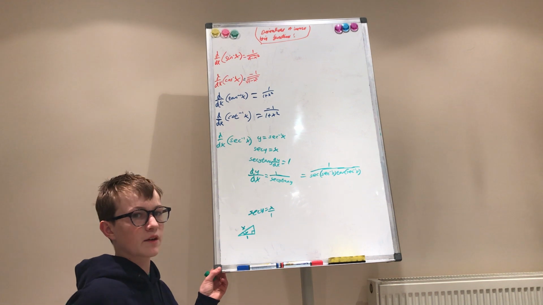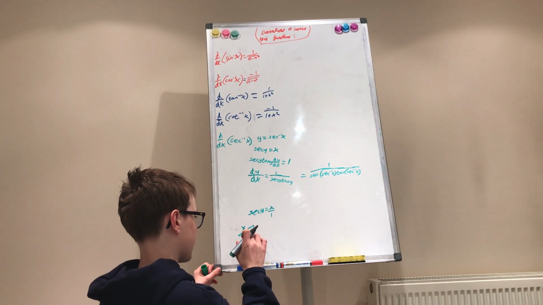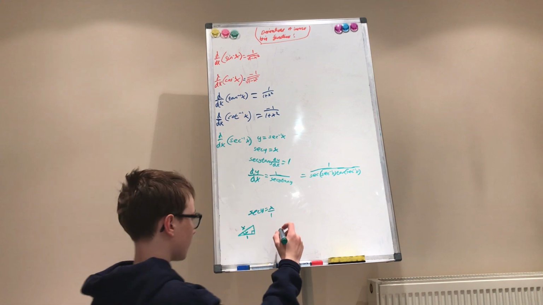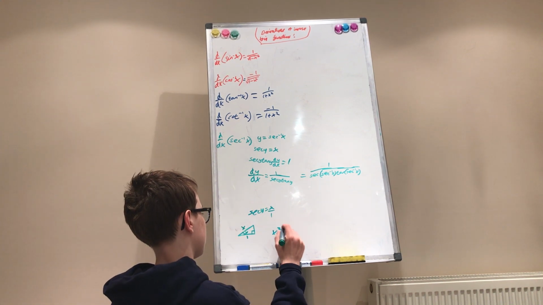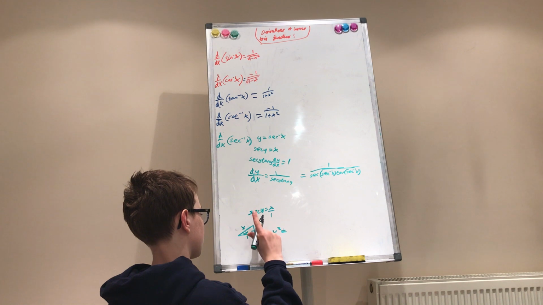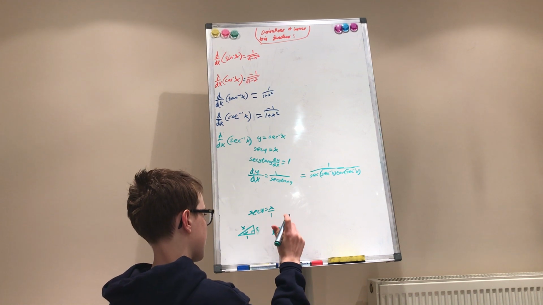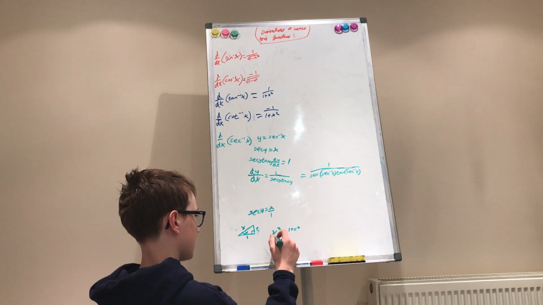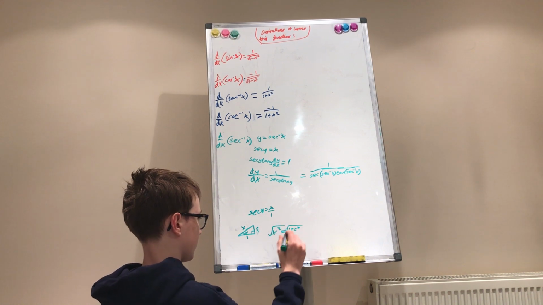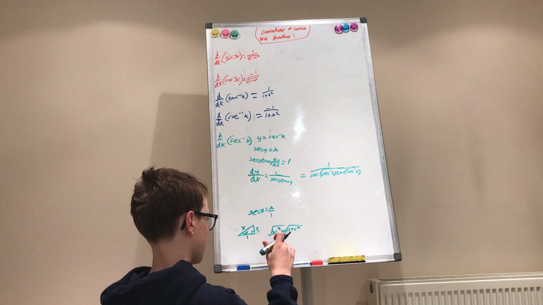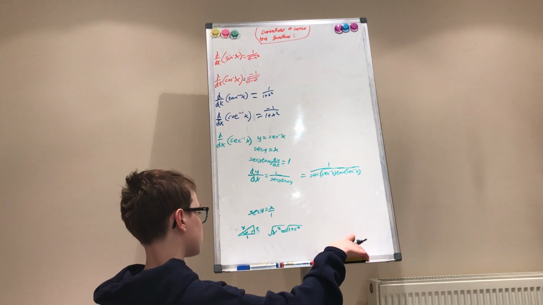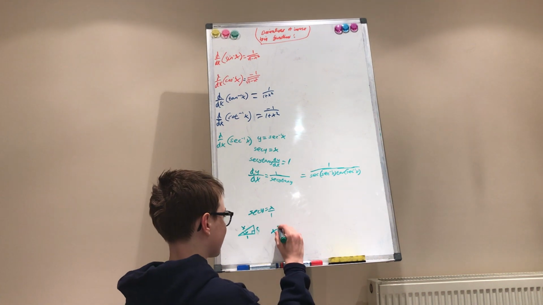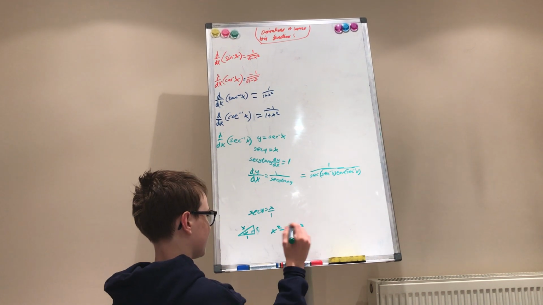So now using Pythagoras' theorem, x squared equals 1 squared. Just call this side c. X squared equals 1 plus c squared. X squared minus 1 equals c squared.